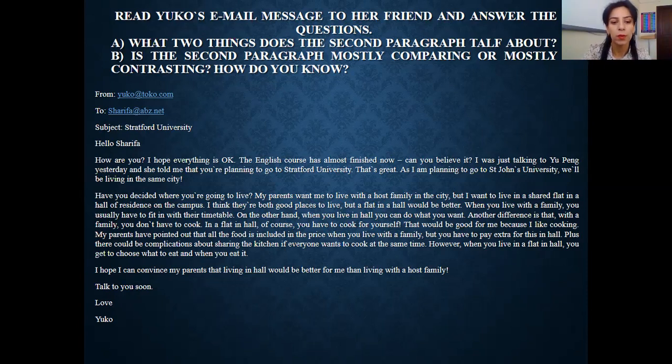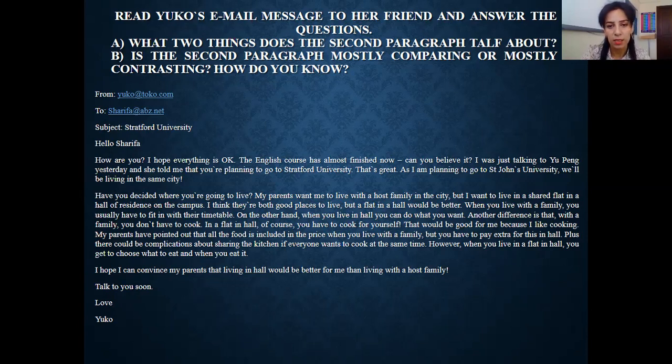Plus, there could be complications about sharing the kitchen if everyone wants to cook at the same time. However, when you live in a flat in hall, you get to choose what to eat and when you eat. I hope I can convince my parents that living in hall would be better for me than living with a host family. Talk to you soon. Love, Yuko.